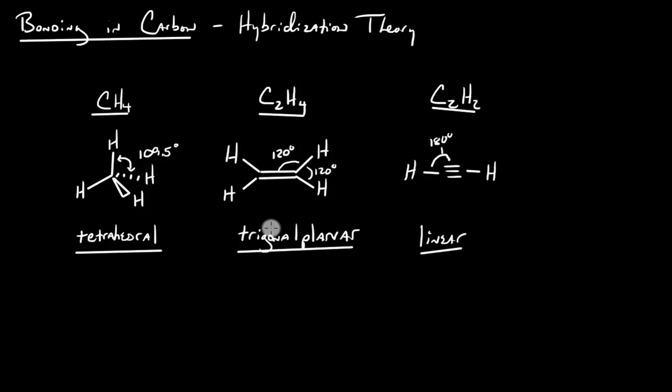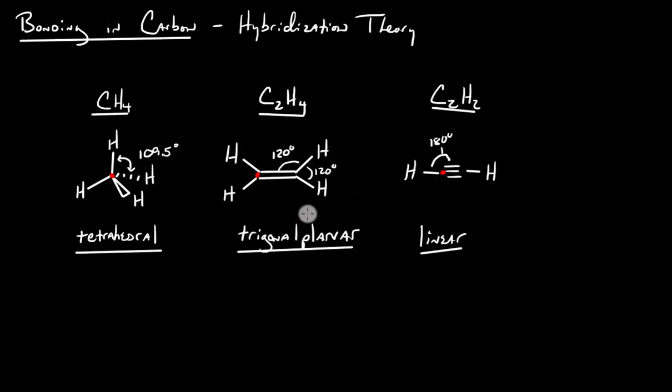So for each of these different geometries, we associate different types of bonding. Tetrahedral, you just have single bonds. Trigonal planar, you have this double bond, and linear, you have this triple bond. In order to get these geometries, the rationale comes from hybridization theory. What hybridization theory can tell us is a little bit of information about these red carbons right here.